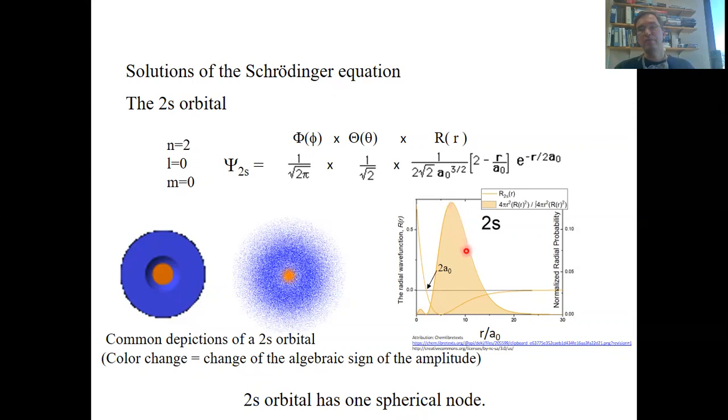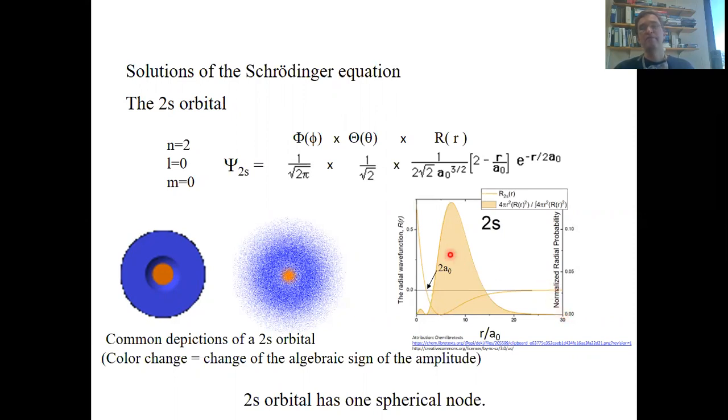And then the radial probability function declines again and becomes 0 as we go infinitely far from the nucleus. So the difference to the 1s orbital is that we have 2 maxima, imposed by the node, instead of 1 maximum.